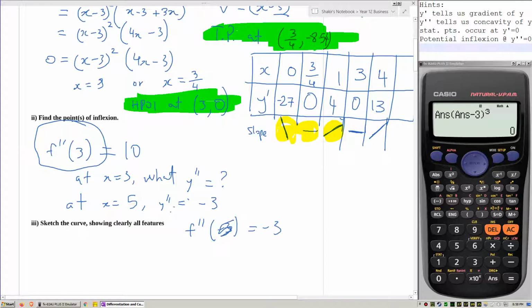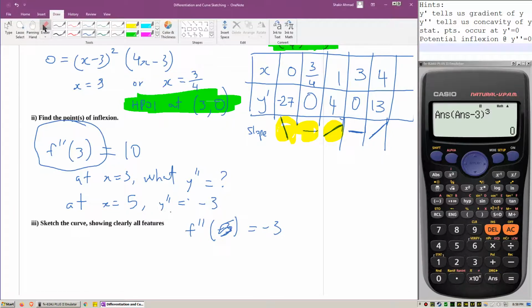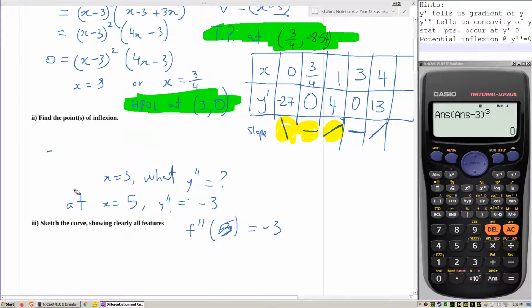When y double dash is negative at a point, the curve is concave down. If y double dash is positive, the curve is concave up. All right, so that's just y double dash in general.